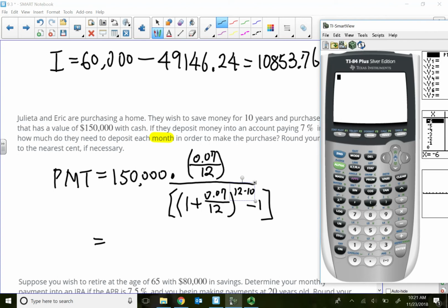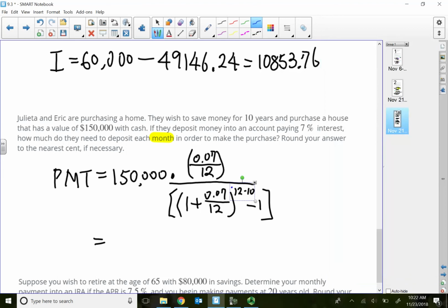So open parenthesis, 0.07 divided by 12, divided by, open the bracket, open the parenthesis that's inside on the bottom. Parenthesis, 1 plus 0.07 divided by 12, close it, exponent. Now let's put my exponent, 12 times 10, in the parenthesis.